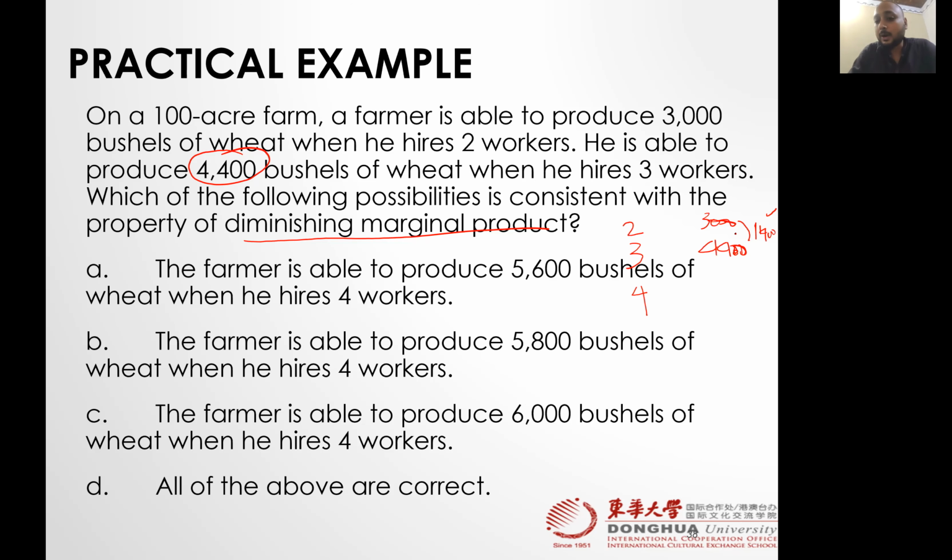So if you produce 5,800, it's still 1,400. If you produce 6,000, it is 1,600. The only consistent one is 5,600, which is 1,200. So A is the right answer. Well done, guys. Well done.